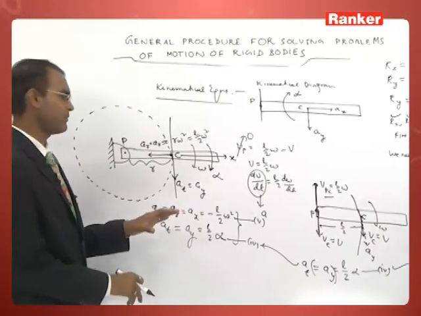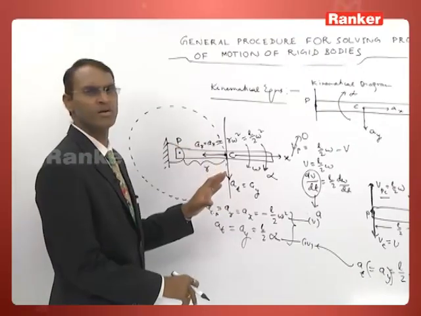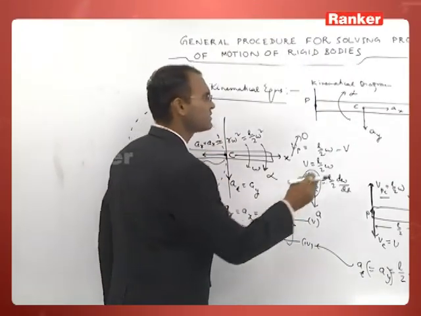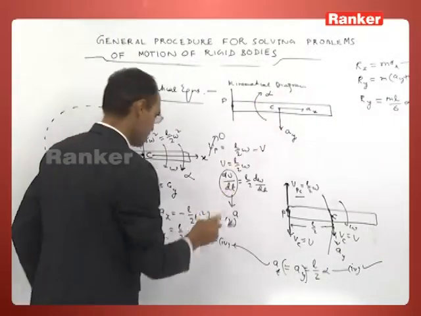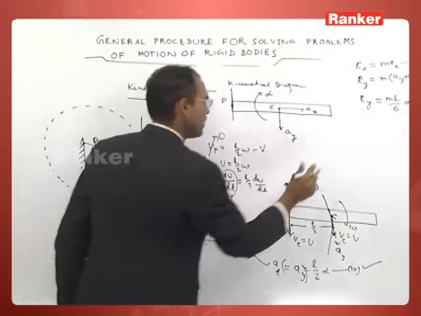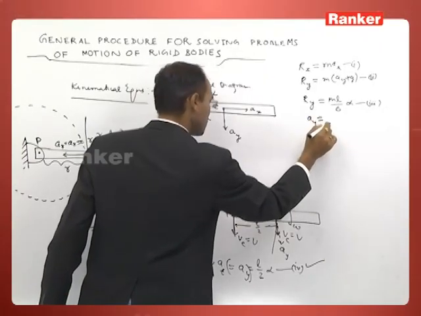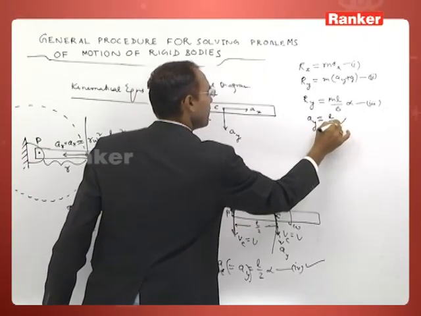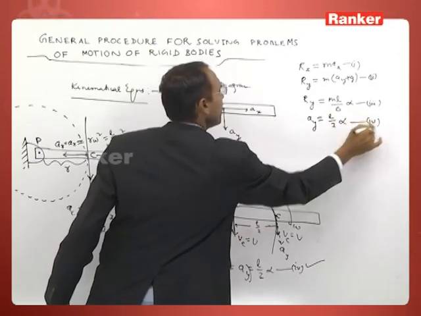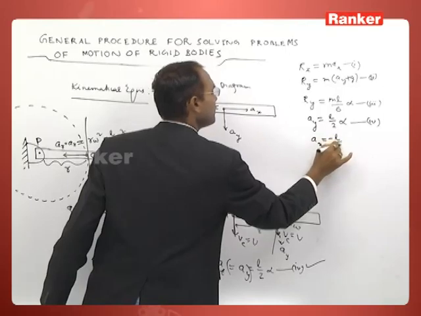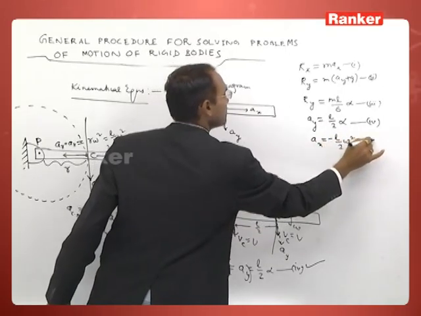Now, the final step is to solve for the unknown quantities. Let us document all this. Here we have 2 equations. Ay is equal to L by 2 into alpha, equation number 4, and x is equal to minus L by 2 into omega square, equation number 5.